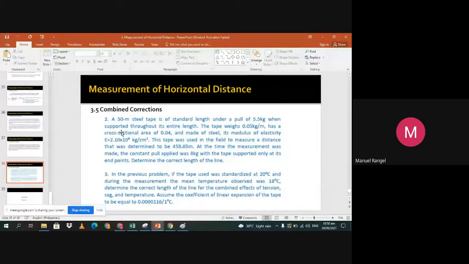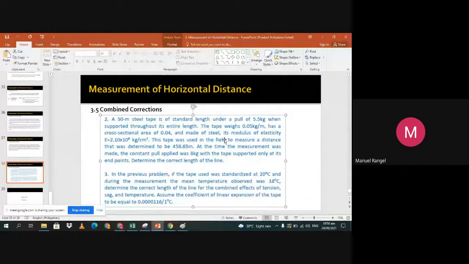The tape weighs 0.05 kilograms and has a cross-section area of 0.04 square centimeter and made of steel, so its modulus of elasticity is E. Kining cross-sectional area is square centimeter na yung unit.